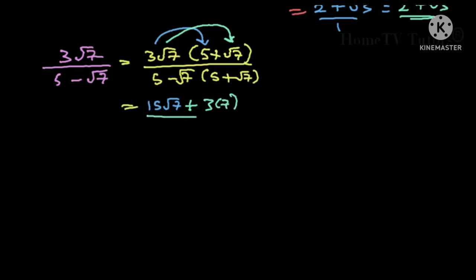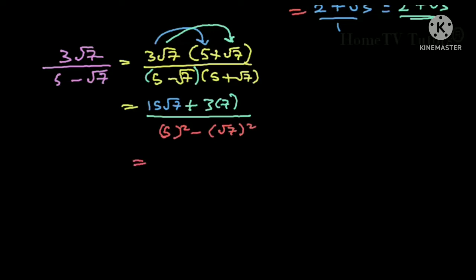Alright, so for the denominator we use the idea of the difference of two squares. Okay, so we have 5 square minus square root 7 square.